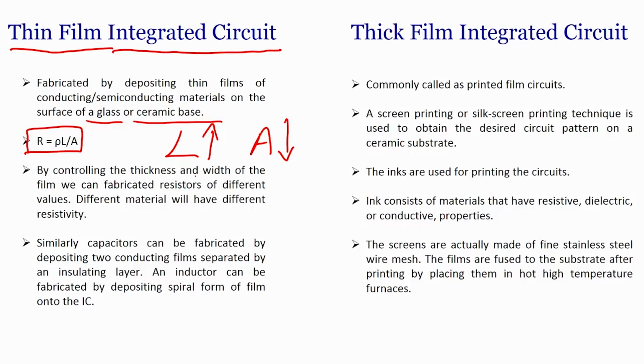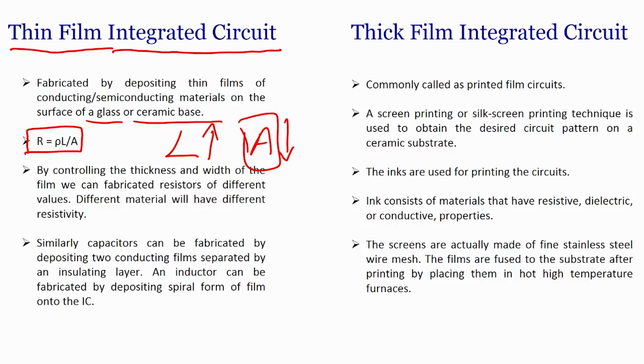By controlling the thickness and width, which gives the area, we can fabricate resistors of different values. Different materials will have different resistivity.